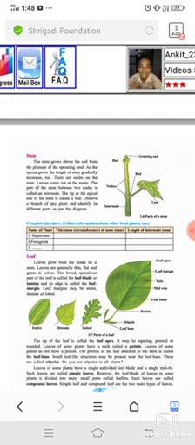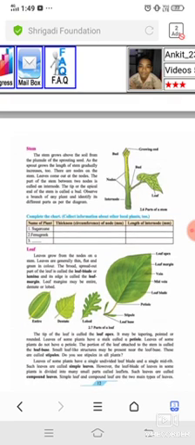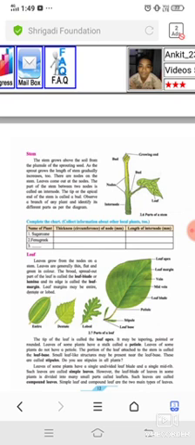Leaves come out at the nodes. The part of the stem between two nodes is called an internode. The tip or the apical end of the stem is called a bud.